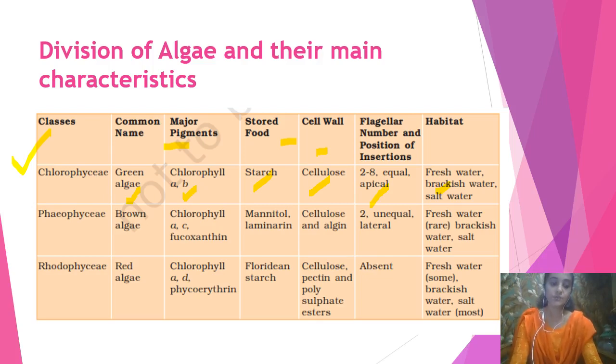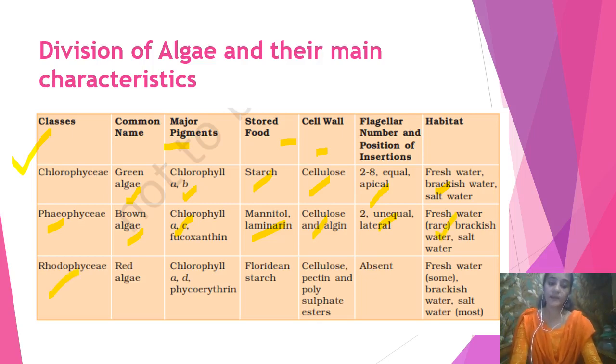Now, next one is brown algae, phaeophyceae. Pigments are chlorophyll A, C, and fucoxanthin. The stored food is mannitol and laminarin. Cell wall is cellulose and algin. They have two flagella, which are unequal and positioned laterally. They are seen in fresh water, brackish water, and salt water.